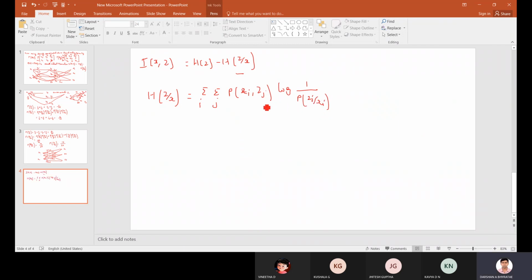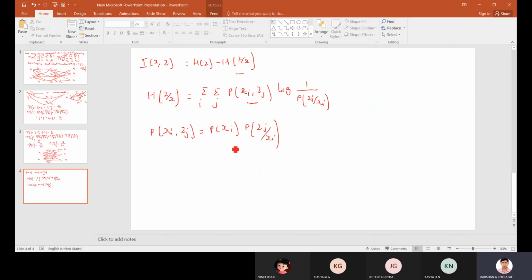For that we need the joint probability matrix. What is the joint probability matrix? P of xi comma zj is equal to P of xi into P of zj by xi. So we need to determine the joint probability matrix.